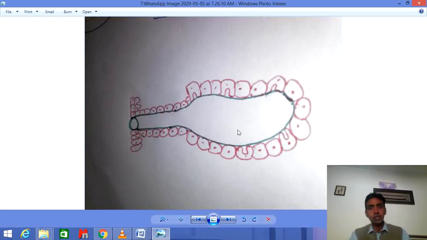From this gastric gland lumen, it goes to the neck, to the gastric lumen, and from the gastric lumen it goes to the intestine, where it combines with vitamin B12.